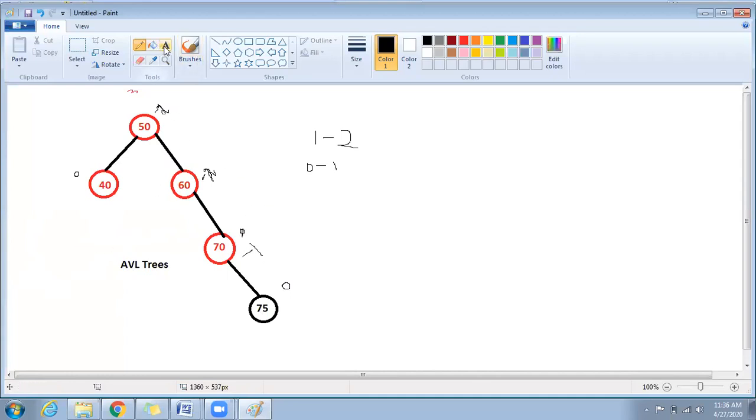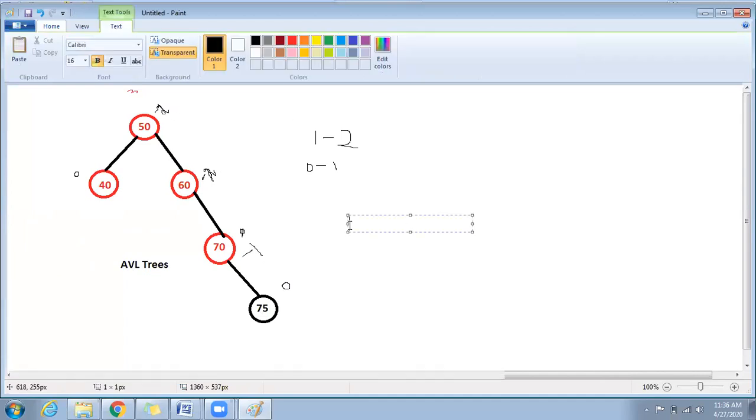For that process only, we are talking about rotation. We have to do the rotations to make the tree balanced. So after inserting one element, if the height balancing property is violated, we have to rotate the tree such that it is balanced.